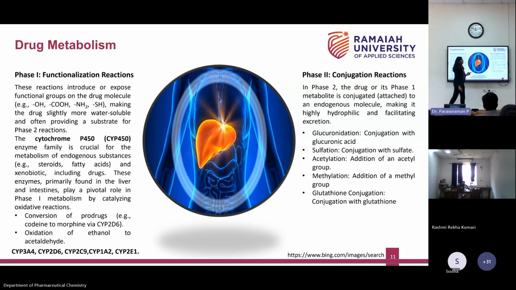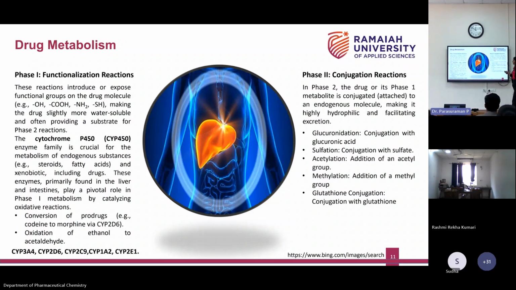First is the functionalization phase, and second is the conjugation phase. In the first phase, there are certain reactions which modify the drug molecule in such a way that it becomes more water soluble, and it provides a substrate for phase 2 reactions.